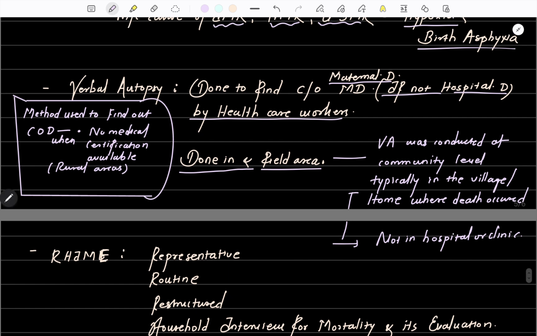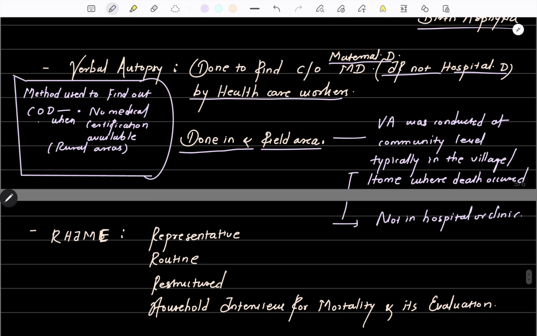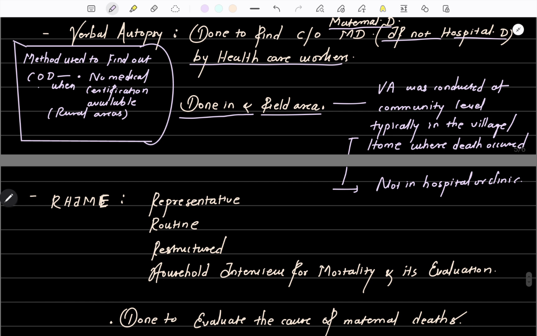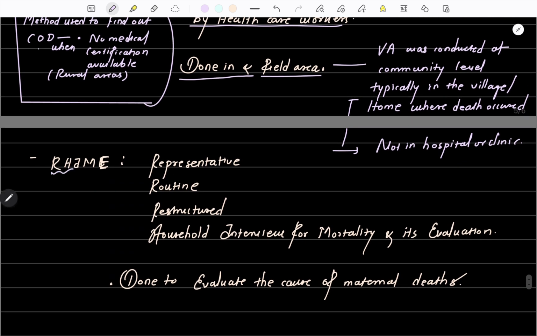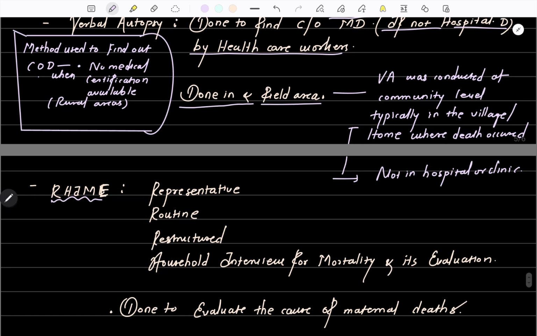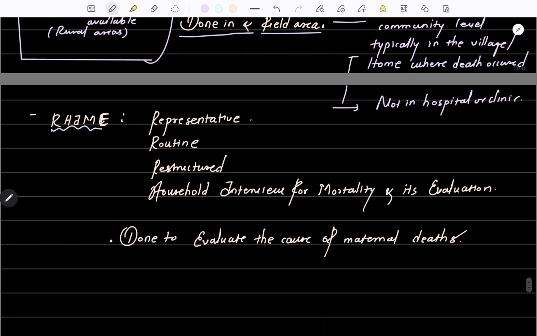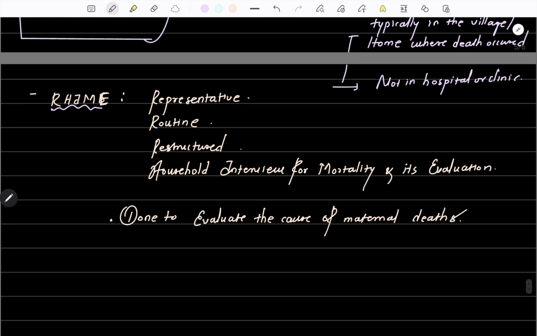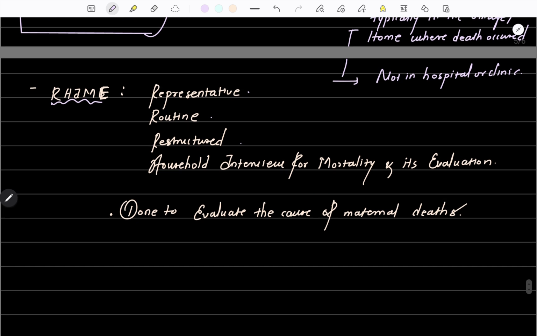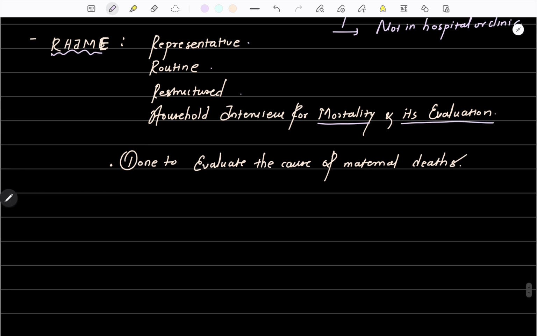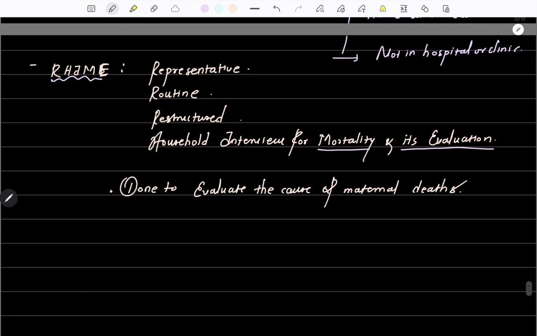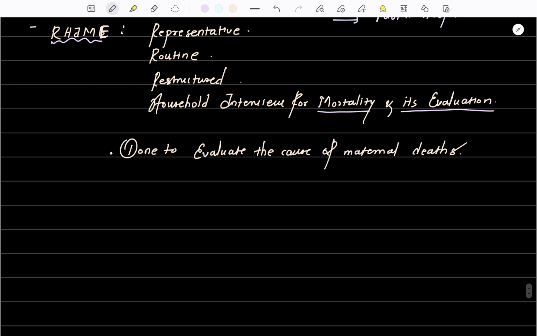This method is used when no medical certification is available, that is in rural areas. And this is RHIME, very important: Representative, Re-routed Household Interview of Mortality and its Evaluation. It is done to evaluate the cause of maternal deaths.